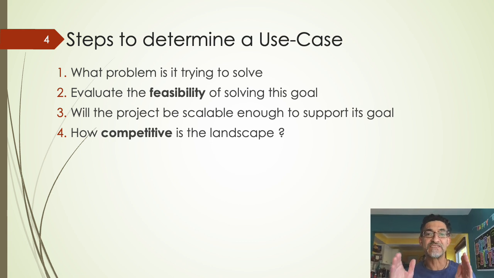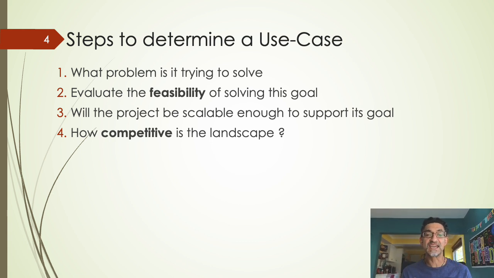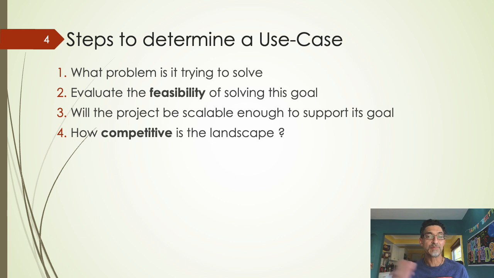Do these steps if you want to determine and understand the use case for a particular crypto project. Number one, what problem is it trying to solve? If it's not trying to solve a problem, that ain't good. Okay, maybe it's creating something new, but you're going to have a lot of cold start problems. You're going to need a lot of money for incentives. It's a totally new opportunity.